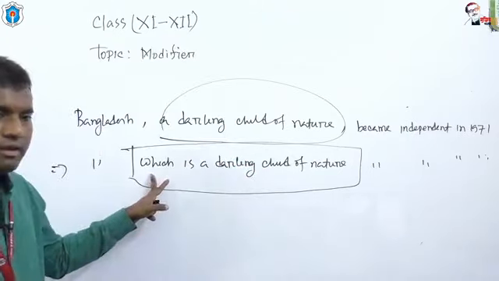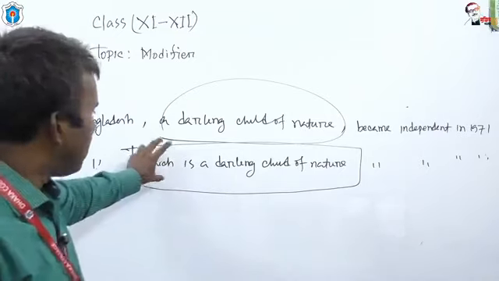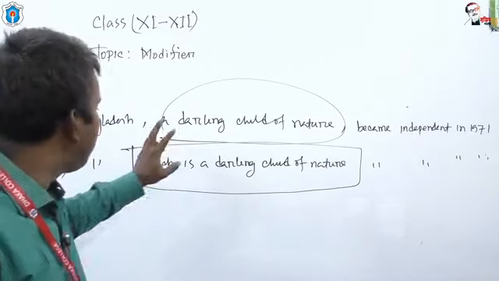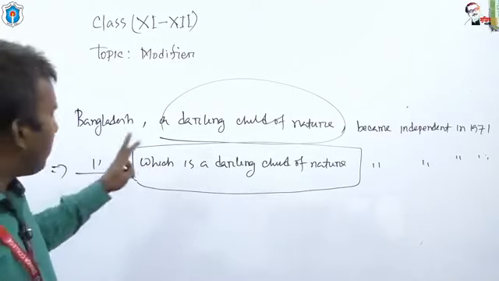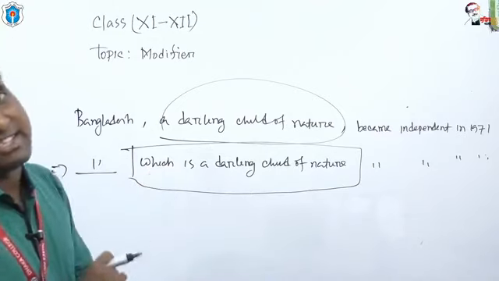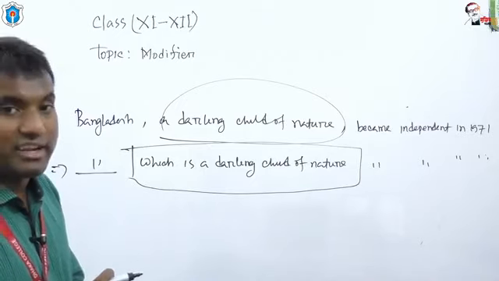A subordinate clause becomes an adjective clause only when it starts with a relative pronoun, and before the relative pronoun, an antecedent is used.